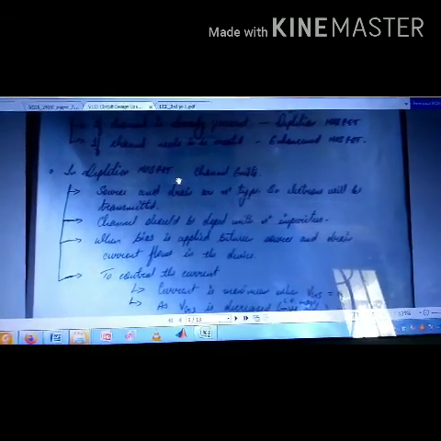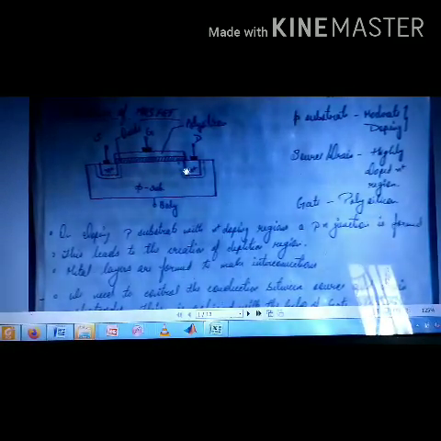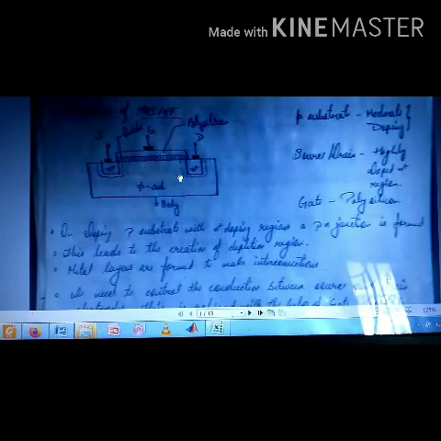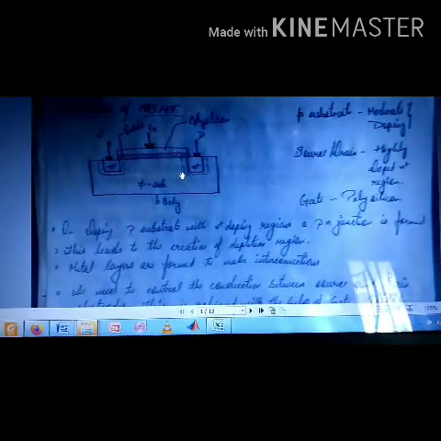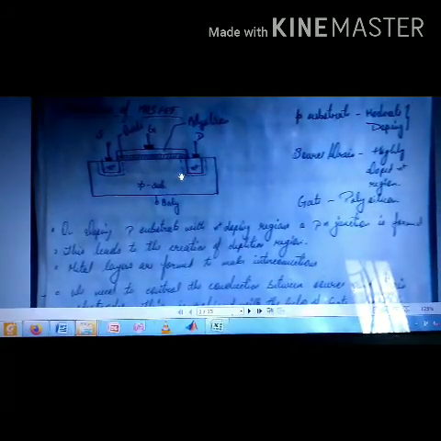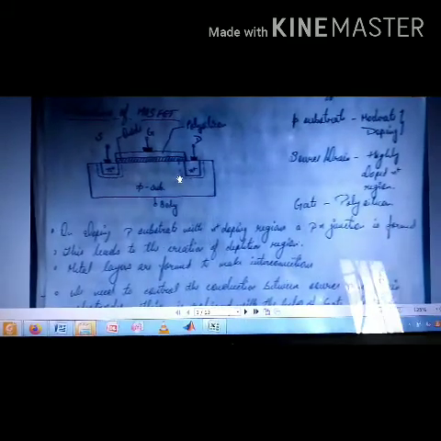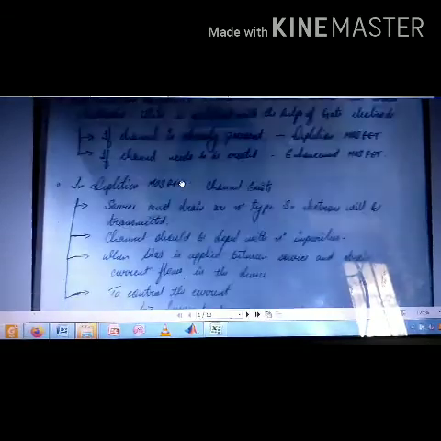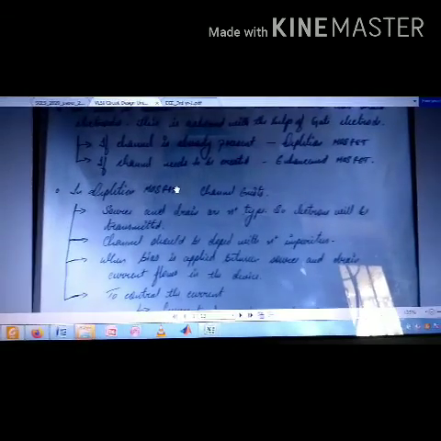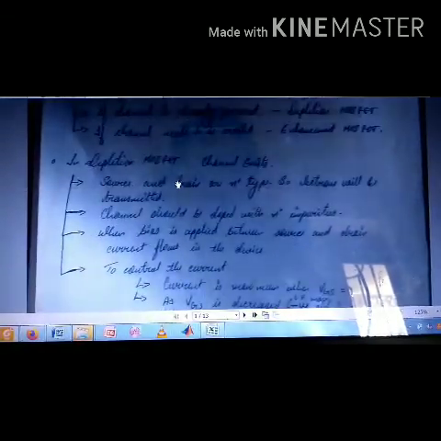So at this time, the channel that exists between the source and drain should be an n-positive channel. That is the channel which facilitates movement of electrons. So the channel should be n-type.